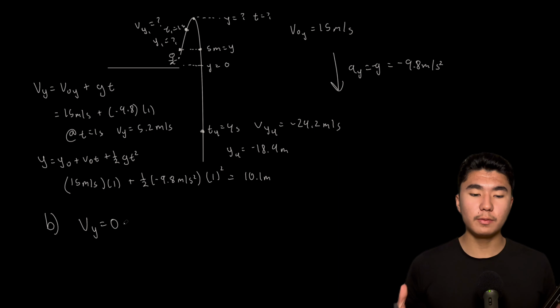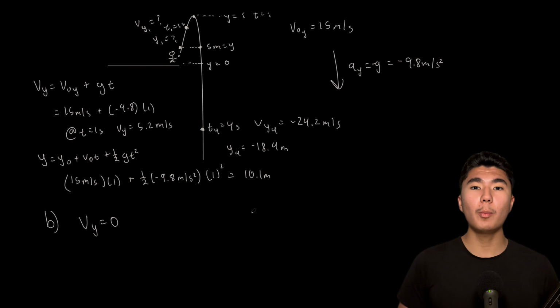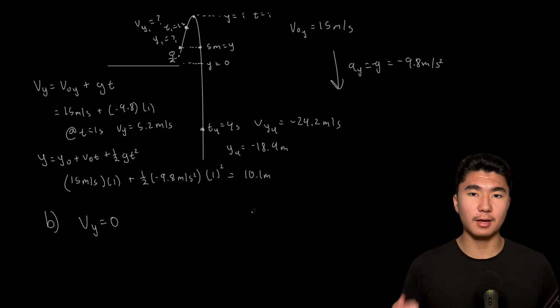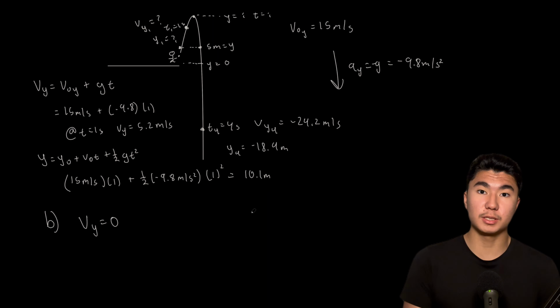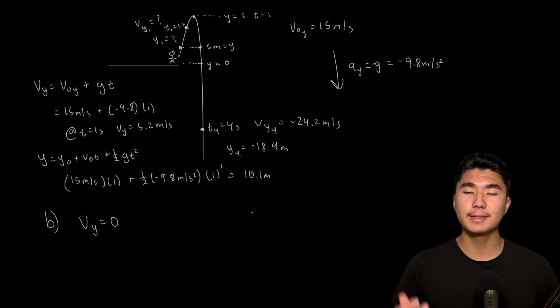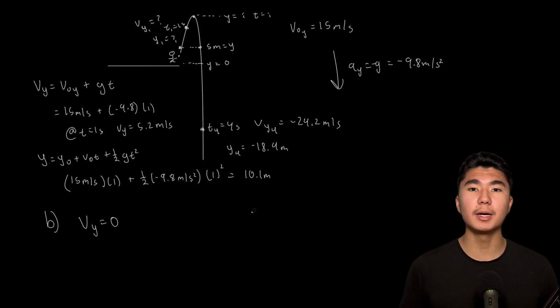So if we know that our velocity is going to be 0, and we also don't know what time we reach that maximum height, we could go about this one of two ways. We could use the equation where we're not given time to find our position, which is velocity squared equals initial velocity squared plus 2 times acceleration times our position y minus y0.